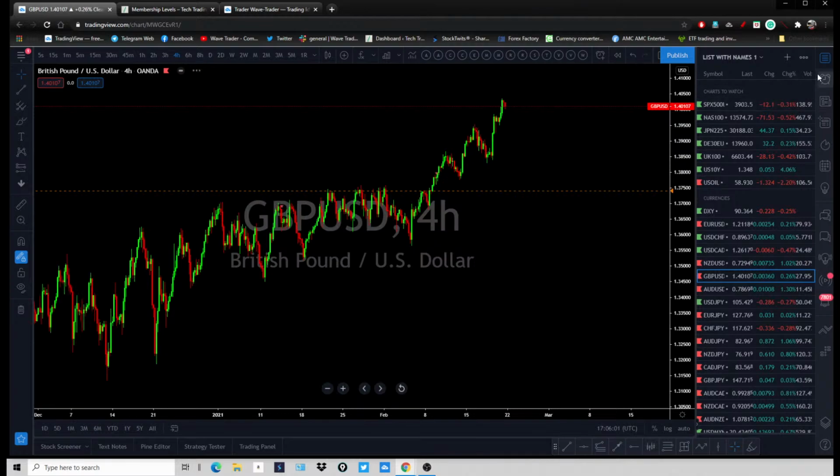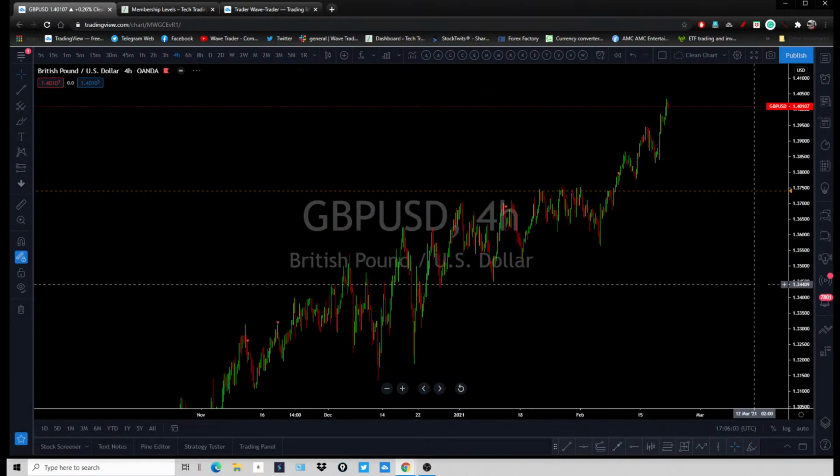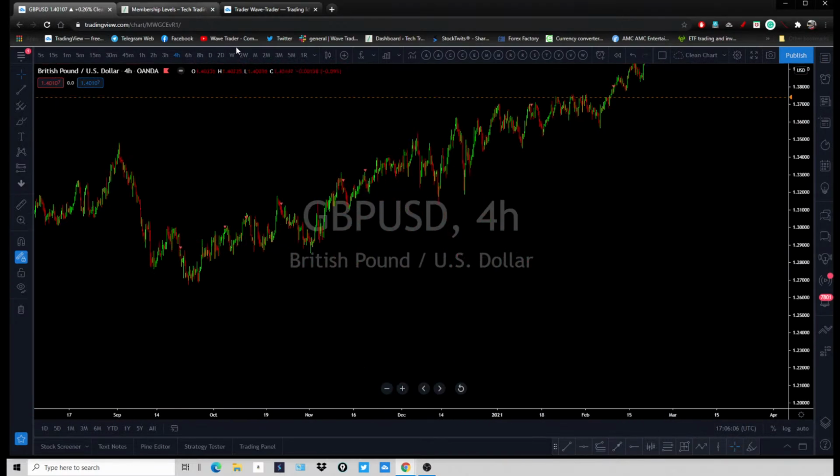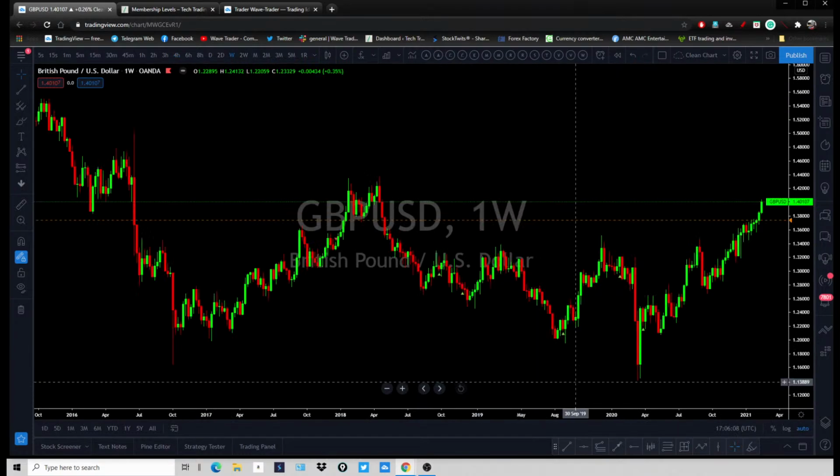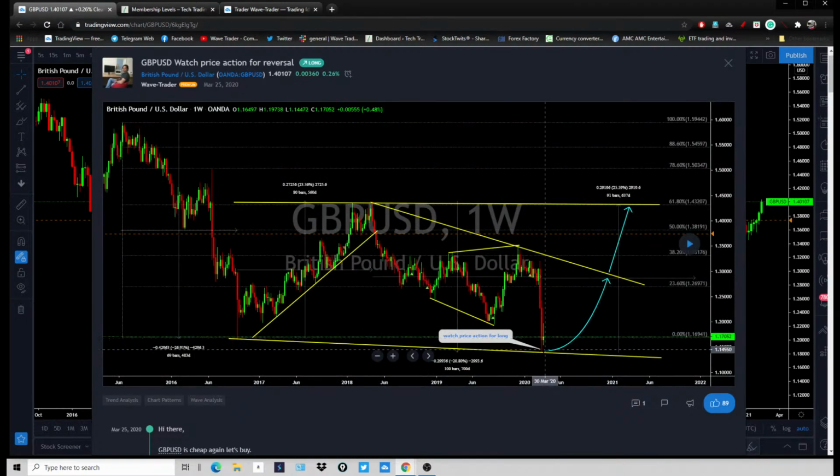The pound is still strong and in a trend, still pushing higher. But we can see that the weekly wave we were anticipating on the pound in March is about to end. When we were anticipating that the pound would go back up to 145, people were not anticipating that.